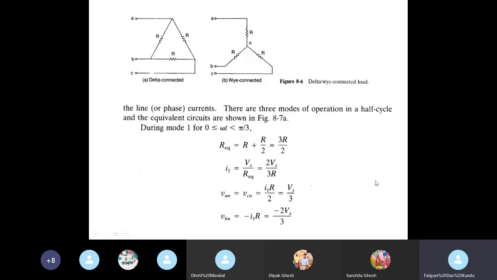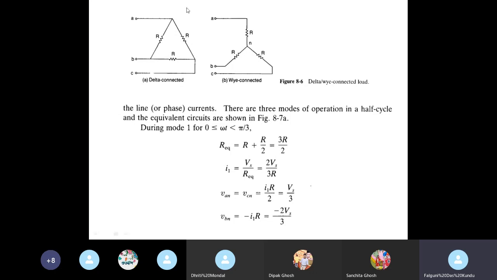Now this is a delta connected load and this is a Y connected load. So during mode 1, that means when G1 is applied, that means Q1 is forward.